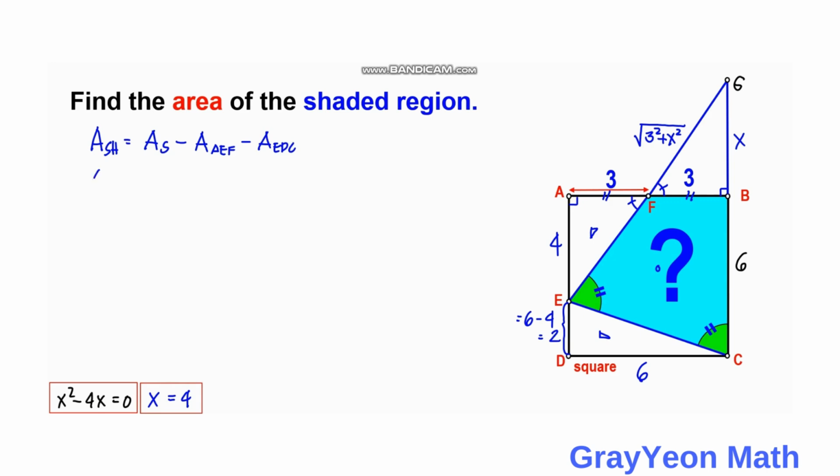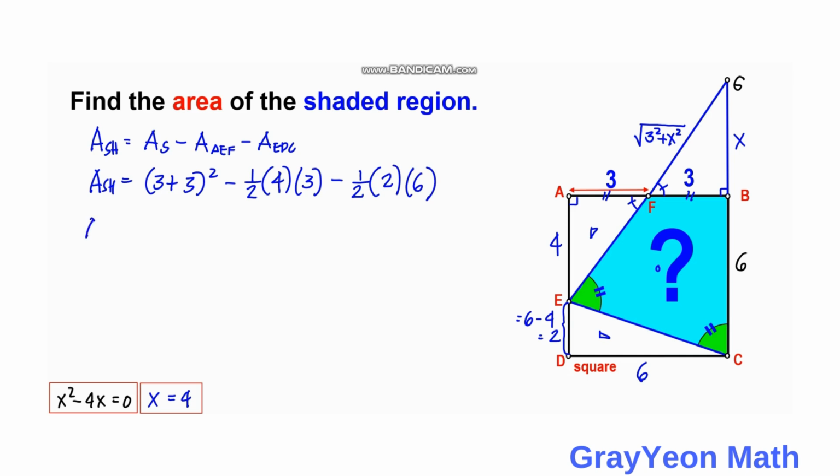Okay, so the area of the shaded region is equal to the area of the square, whose side is 3 plus 3, squared, minus the area of AEF, which is 1/2 times the two legs, since it is a right triangle, so 4 times 3. And subtract again the area of this triangle EDC, 1/2 times the product of the lengths of the legs, which is 2 and 6.